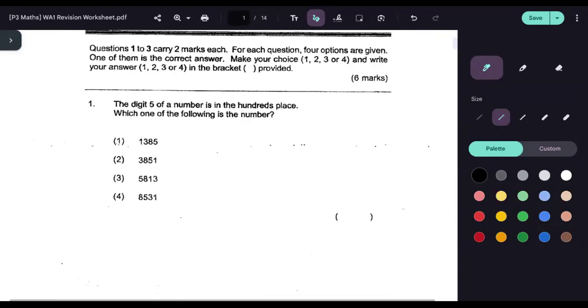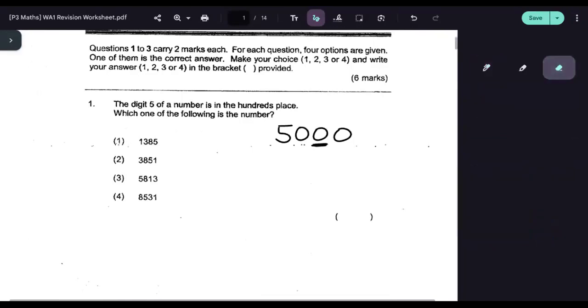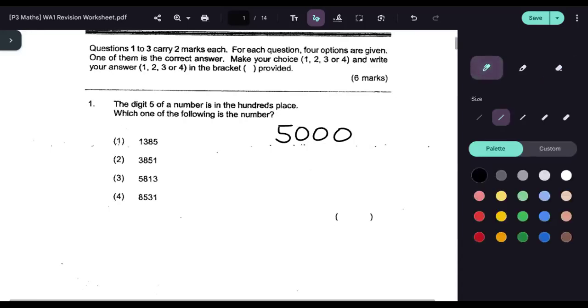Firstly, you need to understand what the hundreds place is. Hundreds place is the one here, then this is your tens, this is your ones, so this one will be your hundreds place.